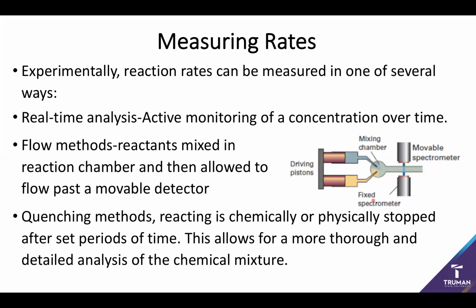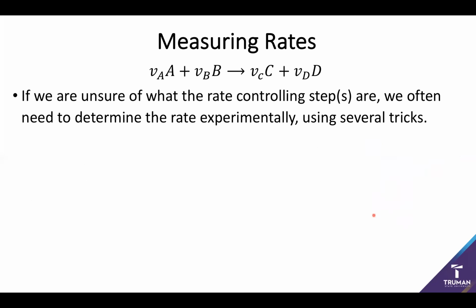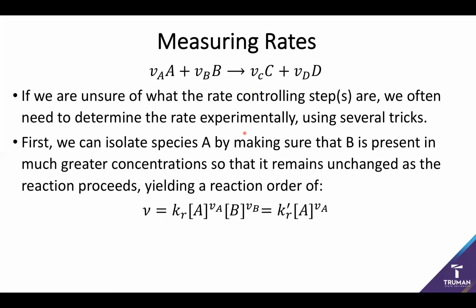So now that we have an idea of how we're collecting measurements, and we now have our chemical reaction from last time, now how can I try and use these experimental tricks to try and actually back out my rate of reaction? So, one of the first things we can do is what's called an isolation method.